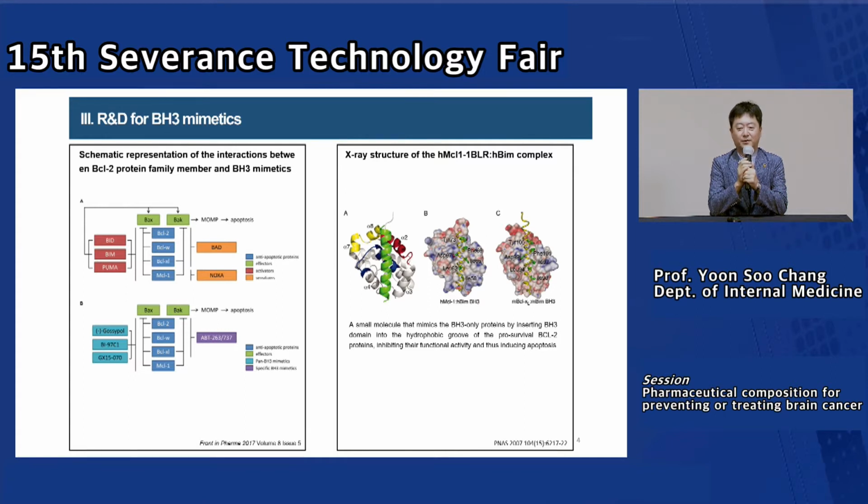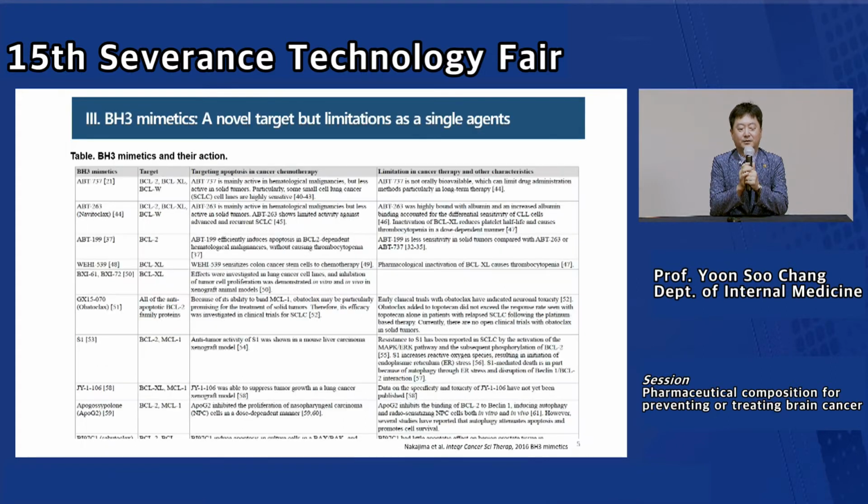When BH3 domains are observed using X-ray, they are inserted into the hydrophobic grooves of BCL2 family proteins, inhibiting effectors from bonding to anti-apoptotic molecules, and thereby helping effectors to induce apoptosis more freely.